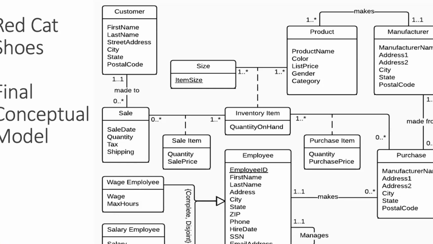And also here we can see the relationship between the different types of employees that we have. Assignment 4 is for a healthcare system.